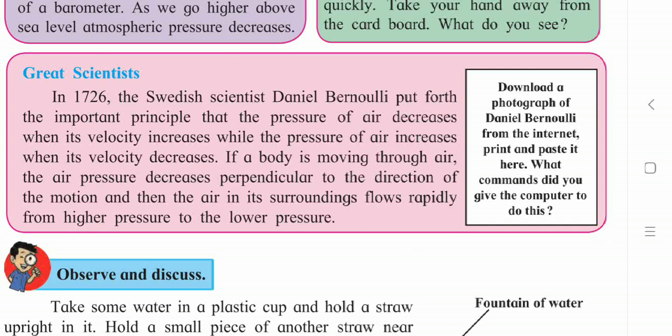This is the example of Daniel's principle we saw.